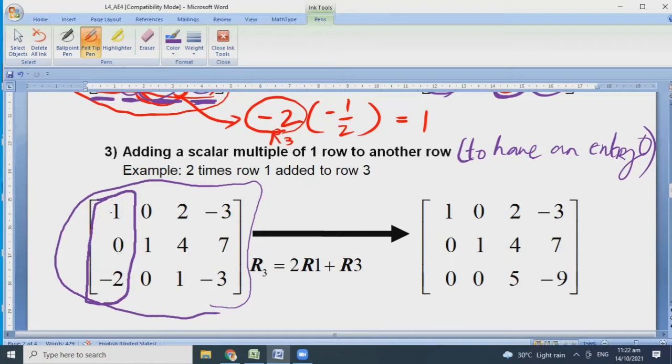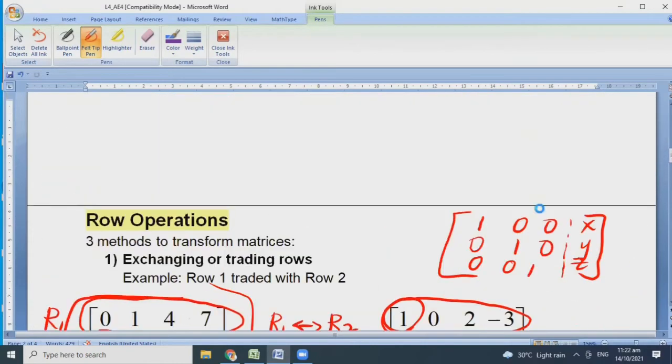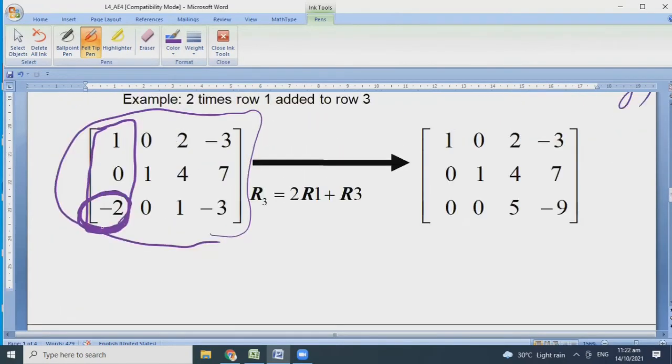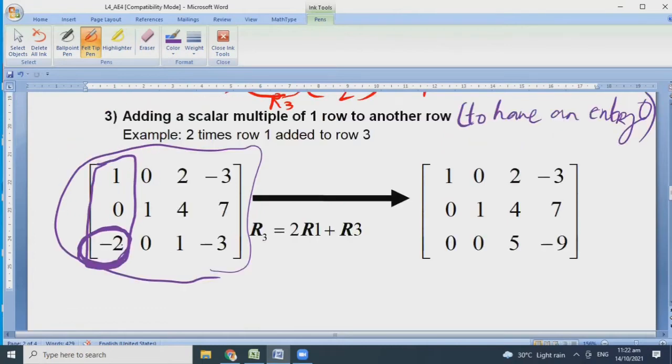I need to have a column of 1, 0, 0. Here in the last row, negative 2. So, how do I make the negative 2 a 0? Because, based on our pattern above, what I need here is 1, 0, 0, 0, 1, 0, 0, 0, 1.